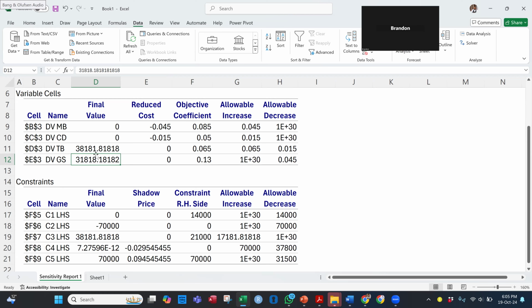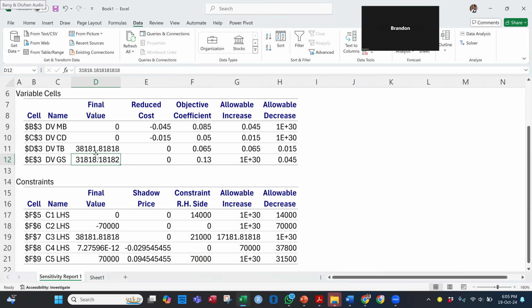Yeah, Brandon. Okay, so Ama Benyiwa should invest 38,181.82 in treasury bill, and also invest 31,818.18 in GS.